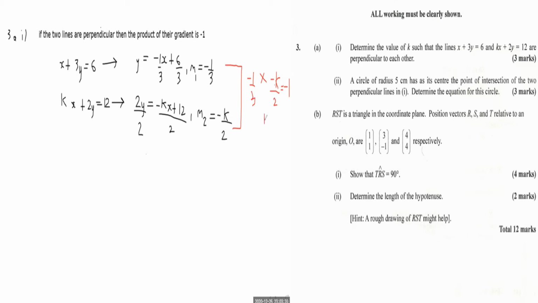So k over 6 is equal to negative 1. And if k over 6 is negative 1, then k must be negative 6. So that's the answer. Hence, k is equal to negative 6.